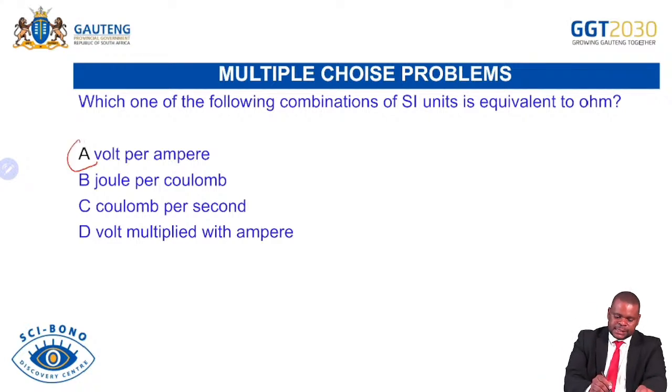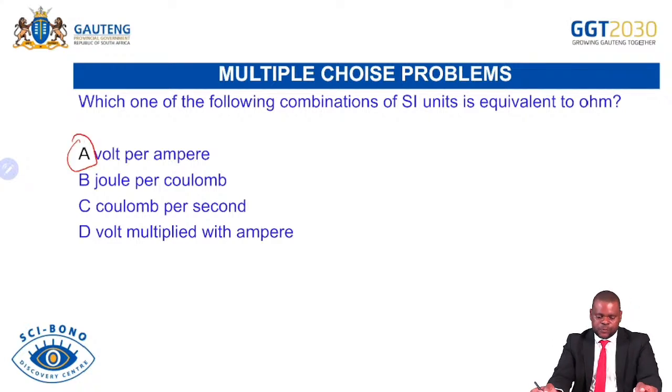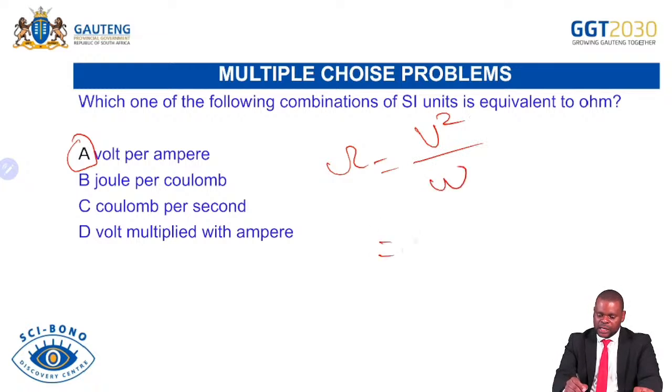We said the answer is A for this problem because of what? We looked at the ohm is equal to volt squared divided by W, where we found that W is equal to V multiplied by ampere.